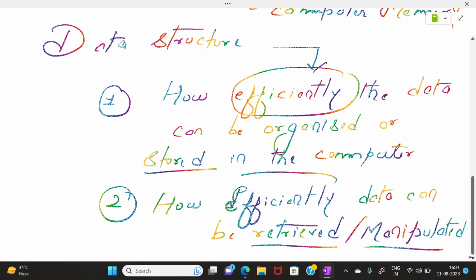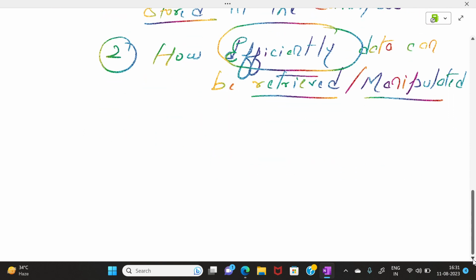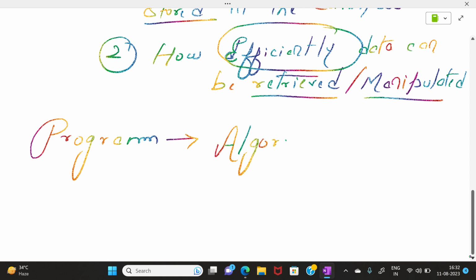That is why we need the data structure. Okay, so when we talk about how it is used in a program, in a program we need two things. Of course, the data is our core, but for data storage and efficient retrieval and manipulation, in the program we write logic based on the algorithms.